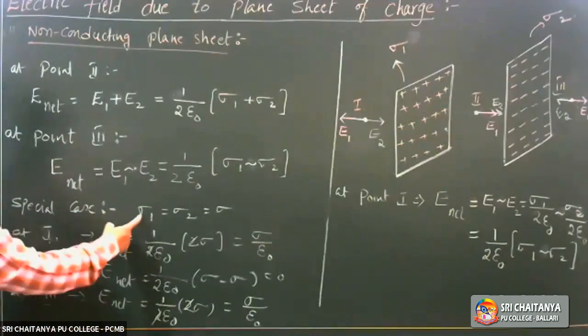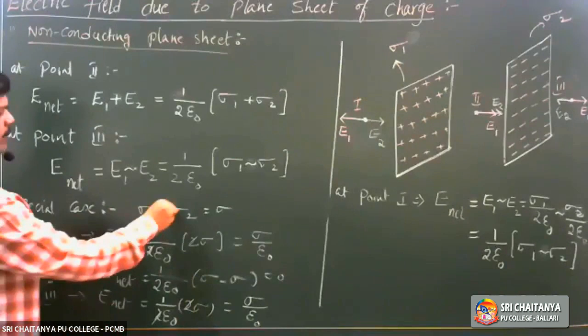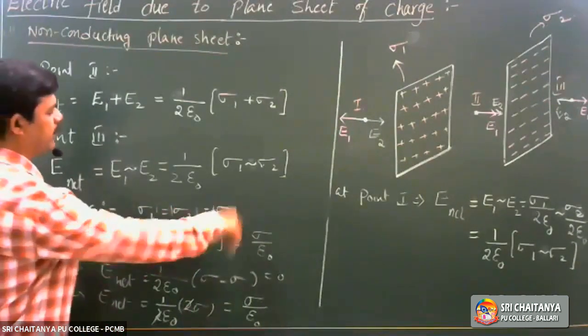Special case: when sigma 1 is equal to sigma 2 is equal to sigma, the magnitudes are the same, directions different.